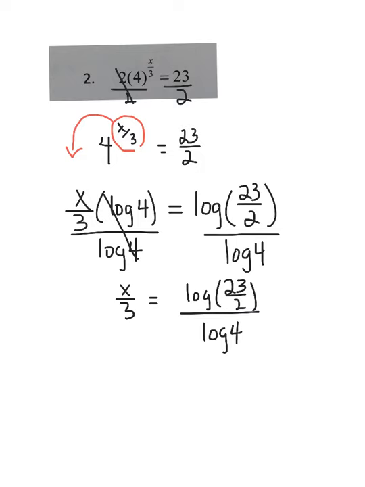Okay, well, now let's look at the only thing left that's attached to that x, which is the divide by 3. So how do we get rid of a division of 3? Hopefully you know that that means we would multiply by 3, which would cancel that out. And then we're going to multiply this by 3. And then we can throw that whole big ugly mess into our calculator.